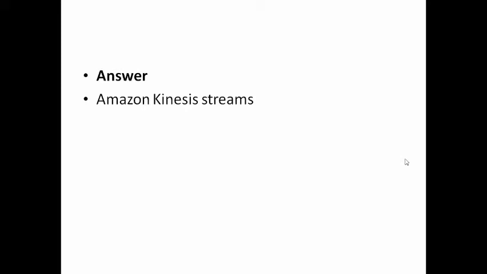So since we want to process the user clicks in a sequential order, we can use this Amazon Kinesis streams here. So this would be the best fit solution.